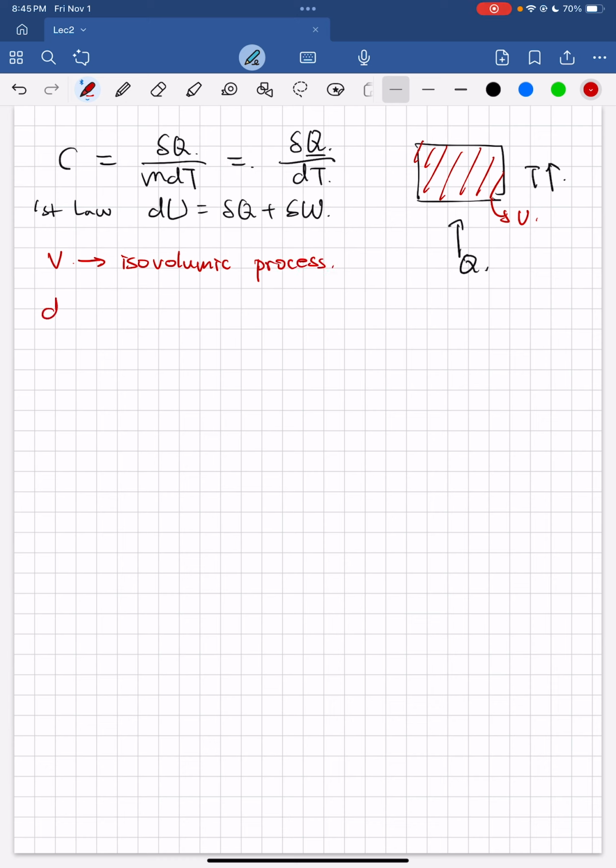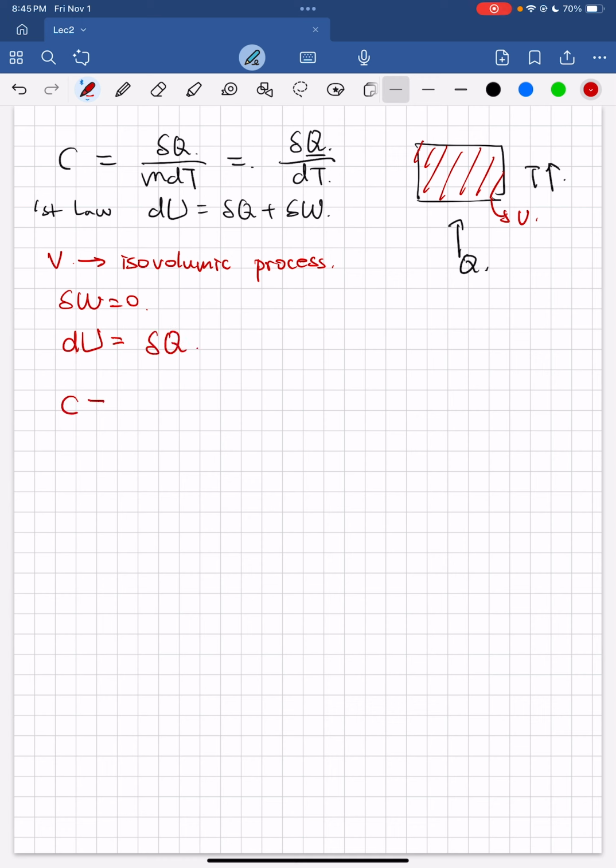Then of course del W is 0, because remember that kind of diagram, and here work is 0, right? Because there's no volume change. So del W is 0. So dU equals del Q, right?